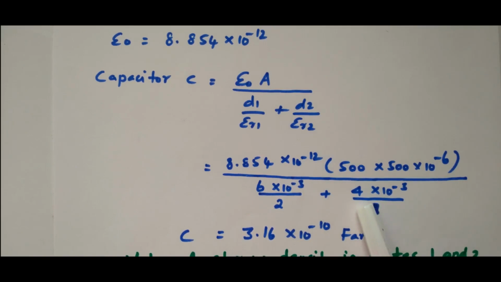Second dielectric, 4 millimeter, 4 into 10 to the power minus 3, that is air, so the value will be 1, right? By simplifying this, what we got? 3.16 into 10 to the power minus 10 farad, right? So we calculated the capacitance value for these two dielectric materials. C will be 3.16 into 10 to the power minus 10 farad.